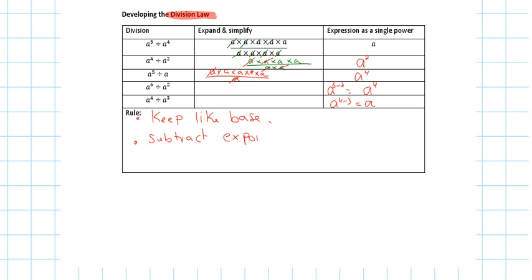And if I have A to the power of m divided by A to the power of n, it's going to be A to the power of m minus n. We're good with that?